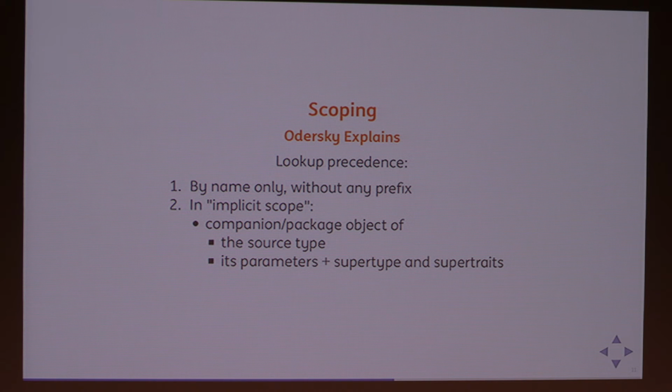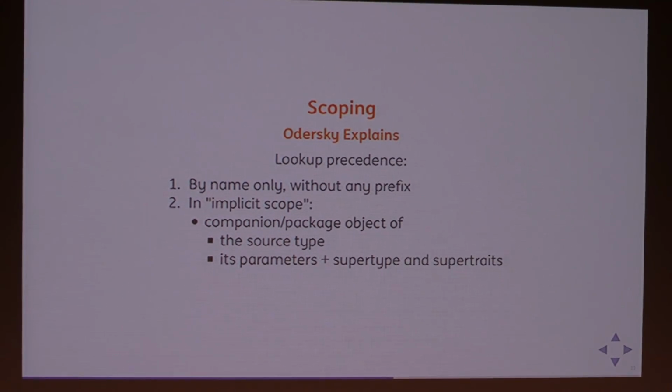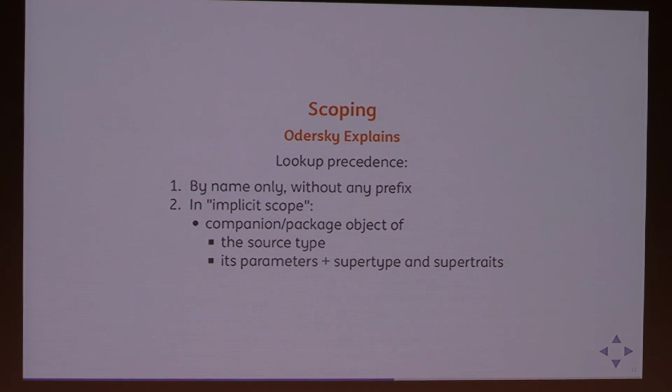If it cannot find it, then it will look further, namely in the companion object or the package object of the type involved here. So in the case of an implicit parameter in a method, it will actually look at the type you pass in the companion object, but it will also look in the type that it is expecting in the companion object to see if there's some conversion available to make this work.